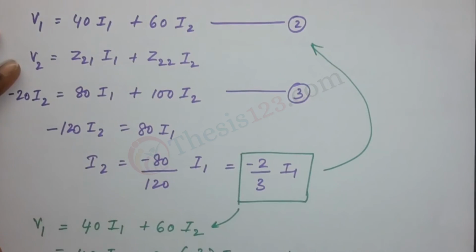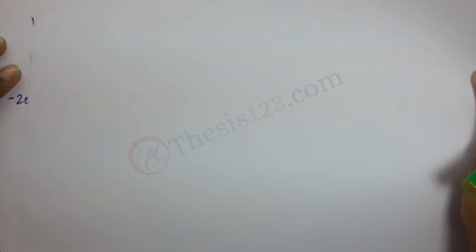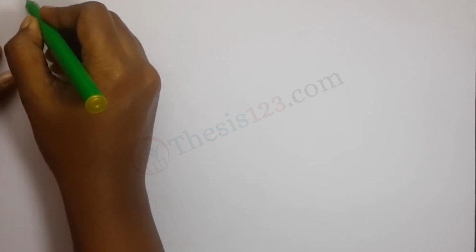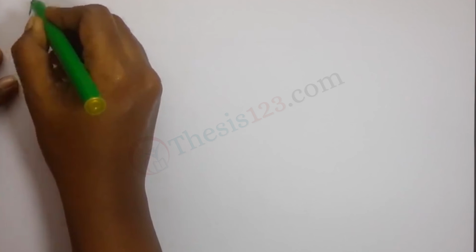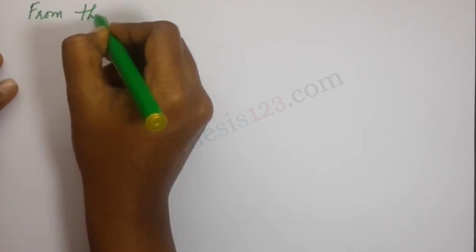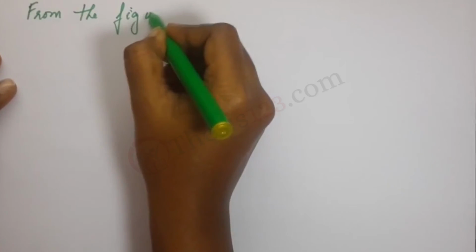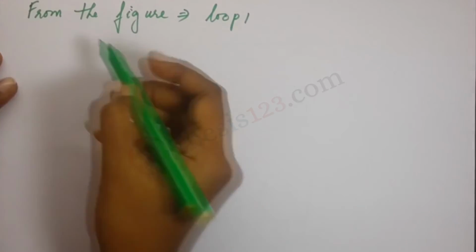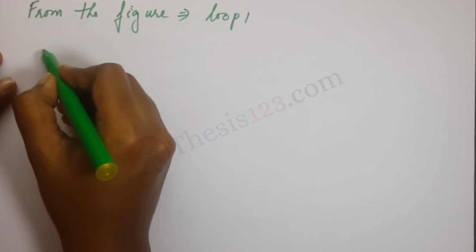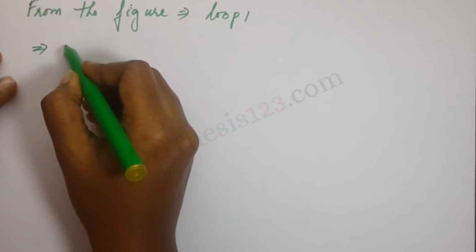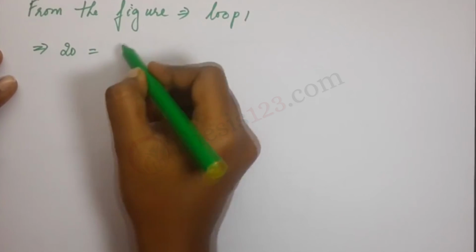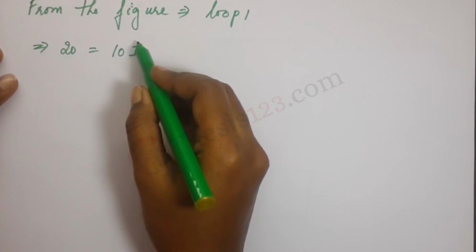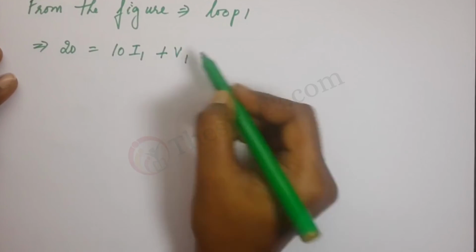From the figure, for loop 1, the first side of the loop, we can write down the voltage equation, and the voltage equation is 20, that's the source, is equal to 10 I1, that's the voltage across the resistance, plus V1.